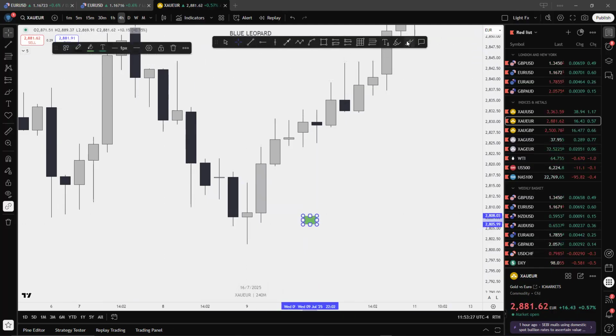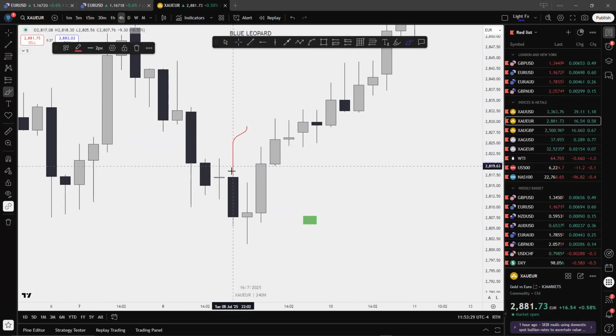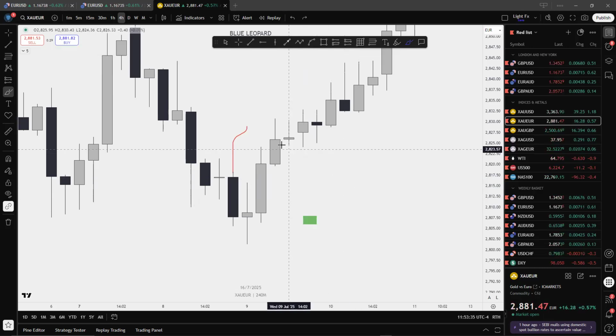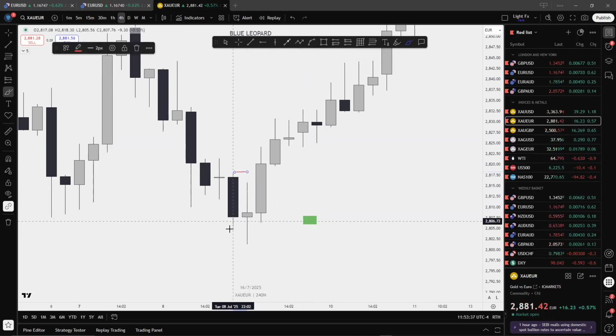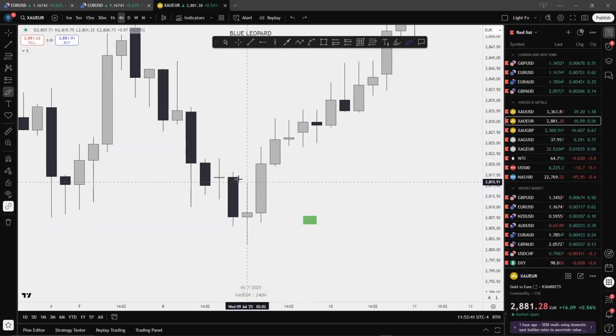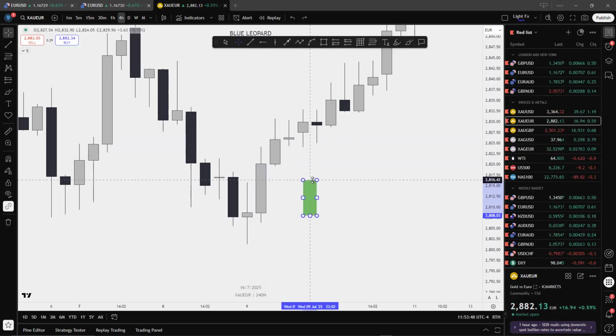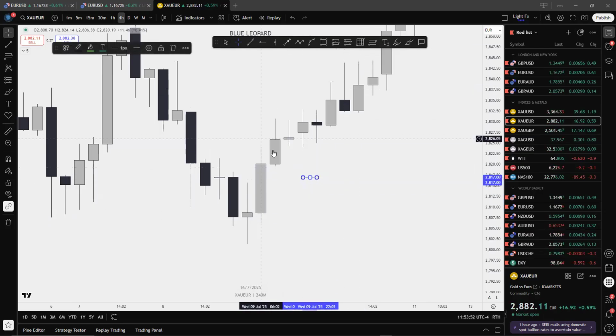I want your eyes to look at this candle at the same time as mine, okay? So every time I tell you, look at the candle, it means look at this one here. I want you all to follow this. Now, when the price started, it opened here.